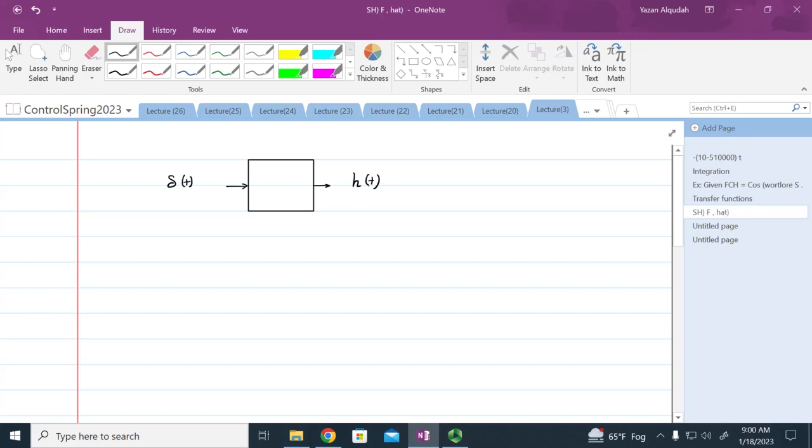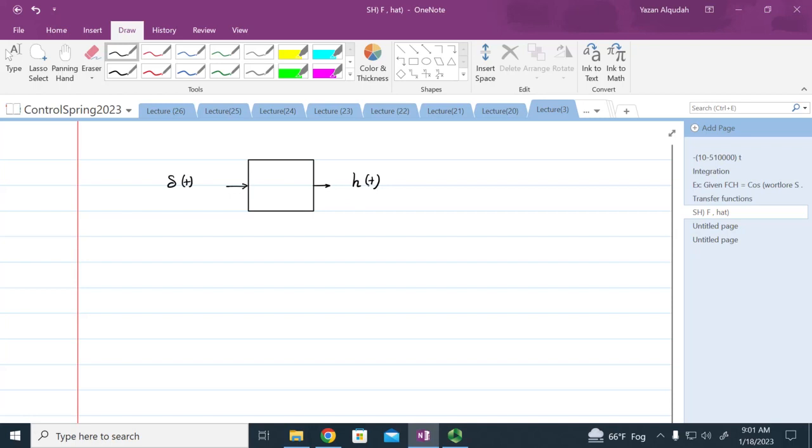Now what happens if I come and I apply another input, x of t? How do I find the output? Anybody does not know the answer? Just get the response of that input. How do I get it?